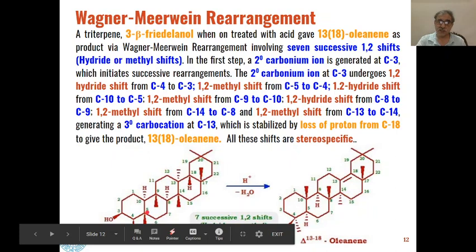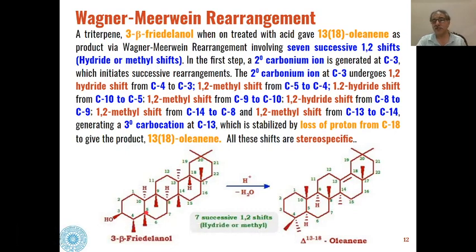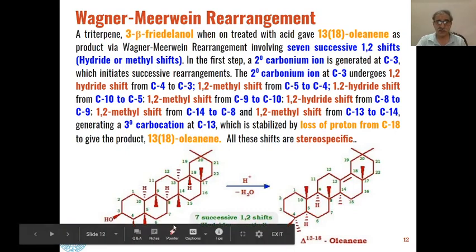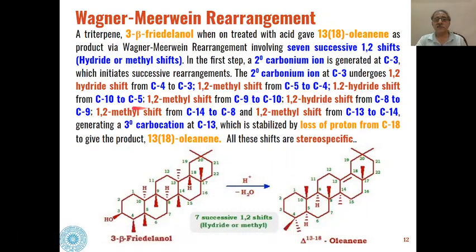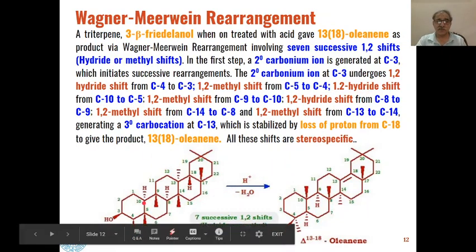That means now the carbocation will be at C5, and then a 1-2 hydride shift from C10 to C5. This carbon is adjacent to C5.